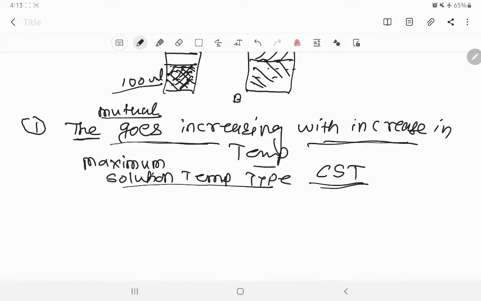Critical solution temperature, or it may be called the consolute temperature. Okay, the first type is the solution whose mutual solubility increases on increasing temperature.